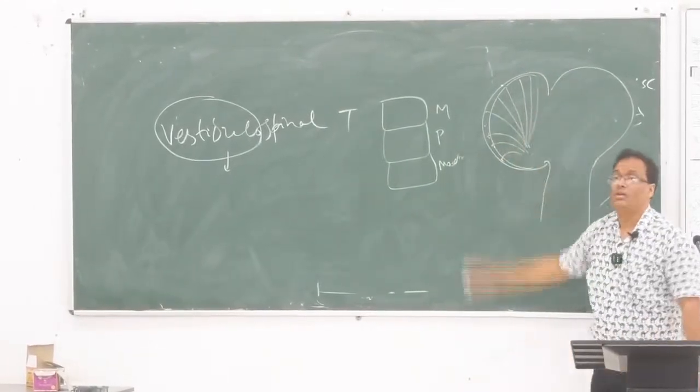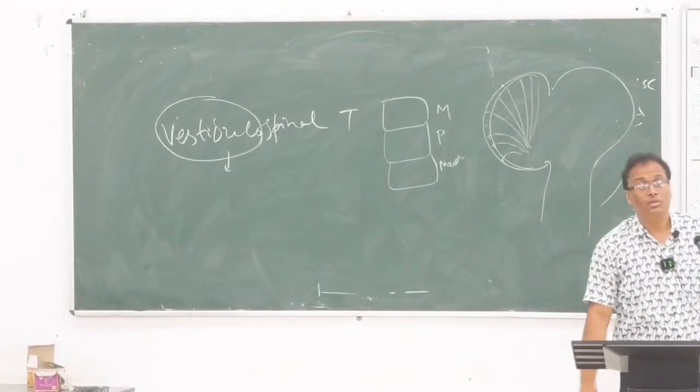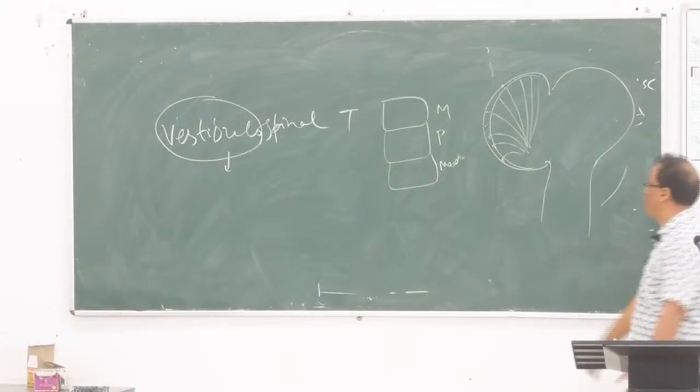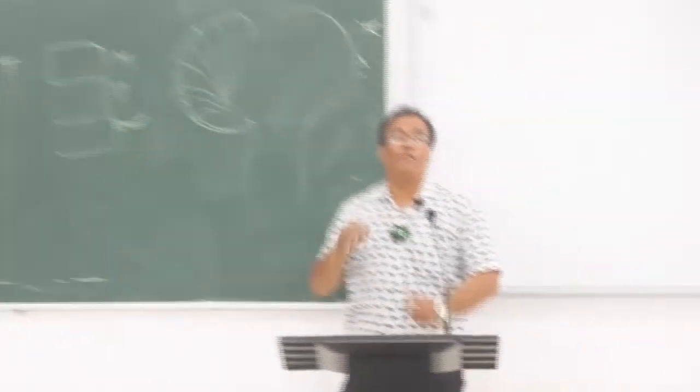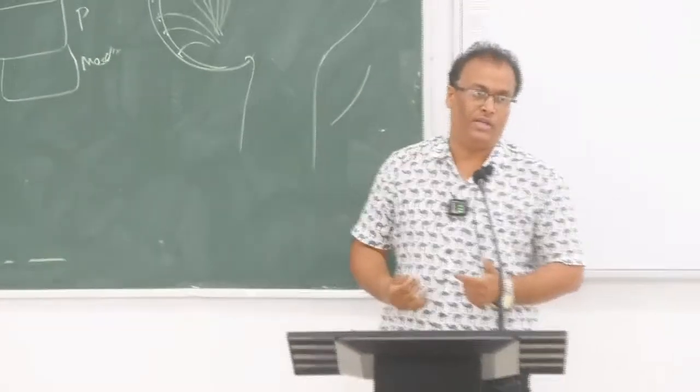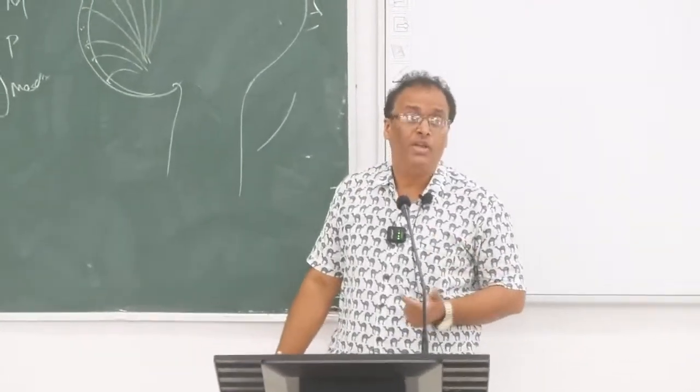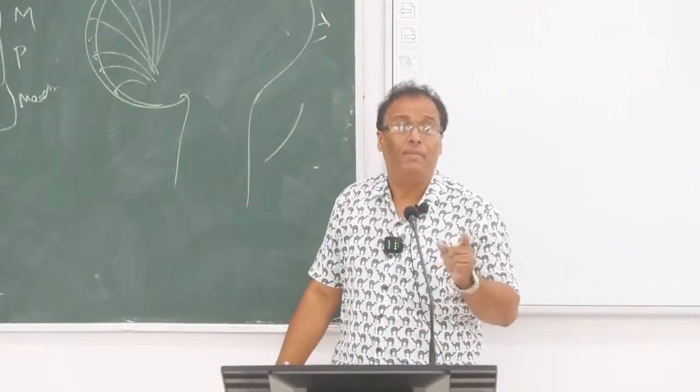It is called কি বলে এটাকে? Corona radiata. সবাই চুপ। Corona radiata is coming from different areas of the brain at the cortex. That is the primary motor cortex, premotor area, and supplementary area.